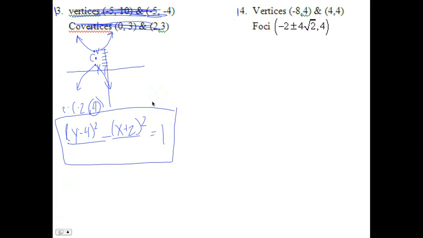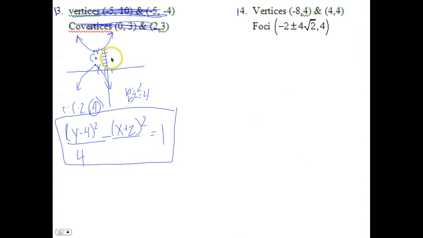Now we also have some covertices, but we can go ahead and identify, in this case, what the b squared value will be based off the distance from the center to the vertex. So from the center to each vertex is 2 units. So here our b value is 2, so b squared is 4. And then we'll do the same thing with our covertices.